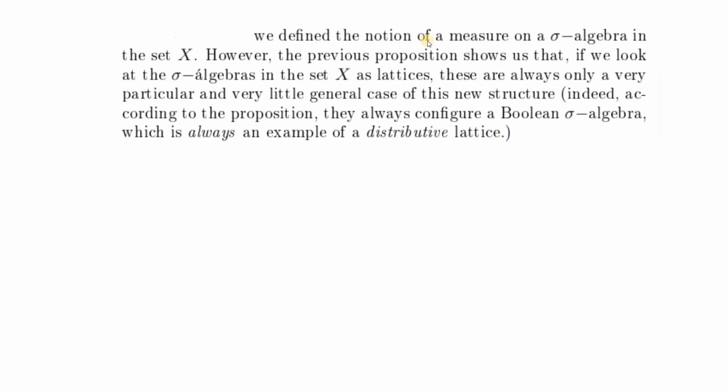So we defined the notion of a measure on a set. However, by the previous proposition, if we see the sigma algebras of a set as lattices, they are of a very special kind. They are always a Boolean sigma algebra, which is always a distributive lattice.